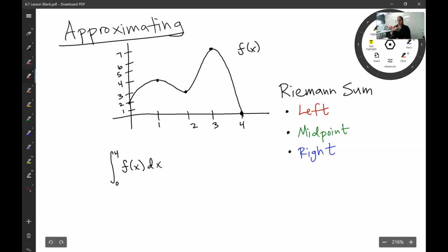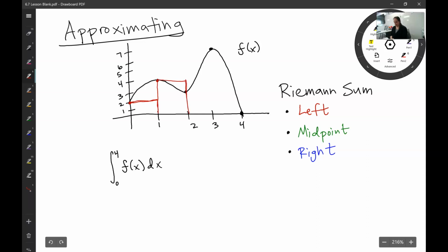Okay, so a left Riemann sum means I'm going to make rectangles from the left point. So here's my left end point. So I'm going to make a rectangle from that left end point. Here's the next section. There's my left end point.